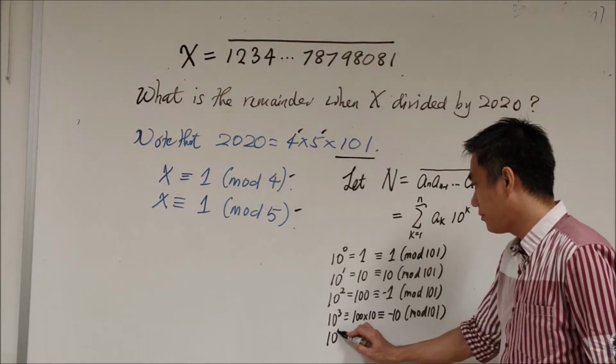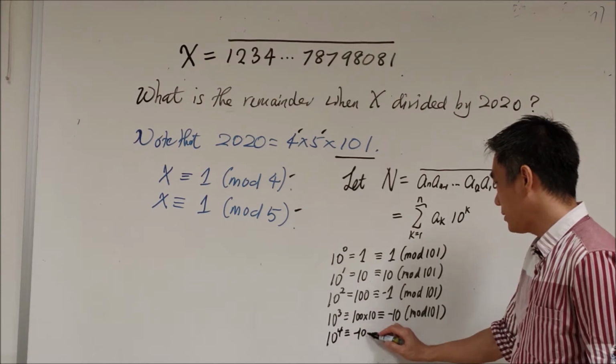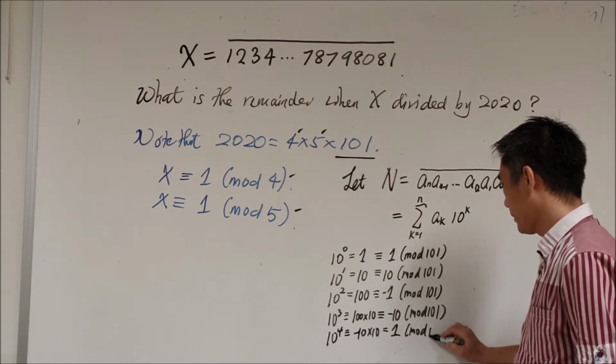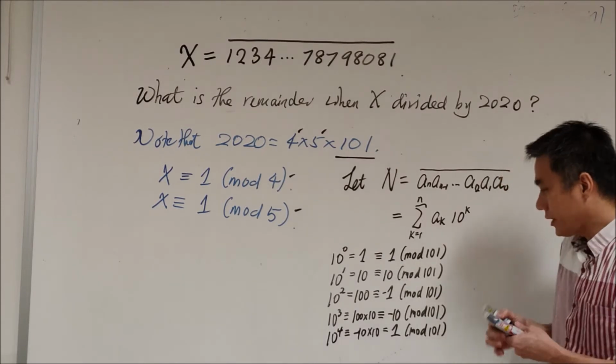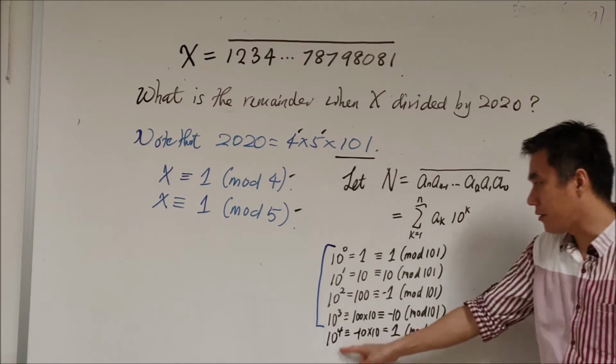Then 10 to the power of 4 goes back to negative 10 times 10, which is equal to 1 again. So we can see that it repeats after 10 to the power of 4.